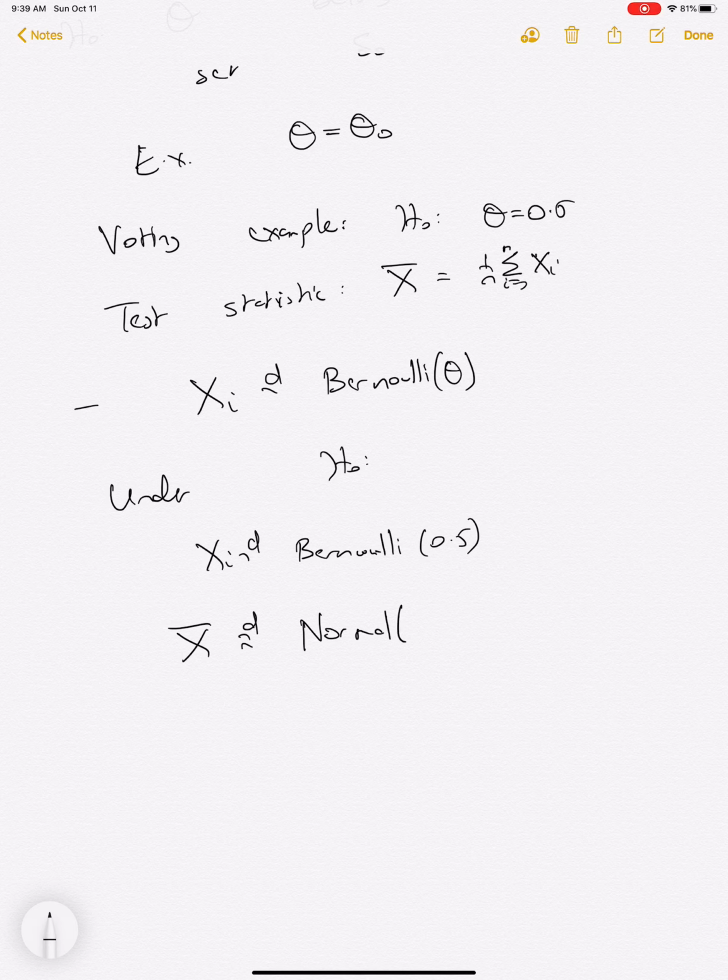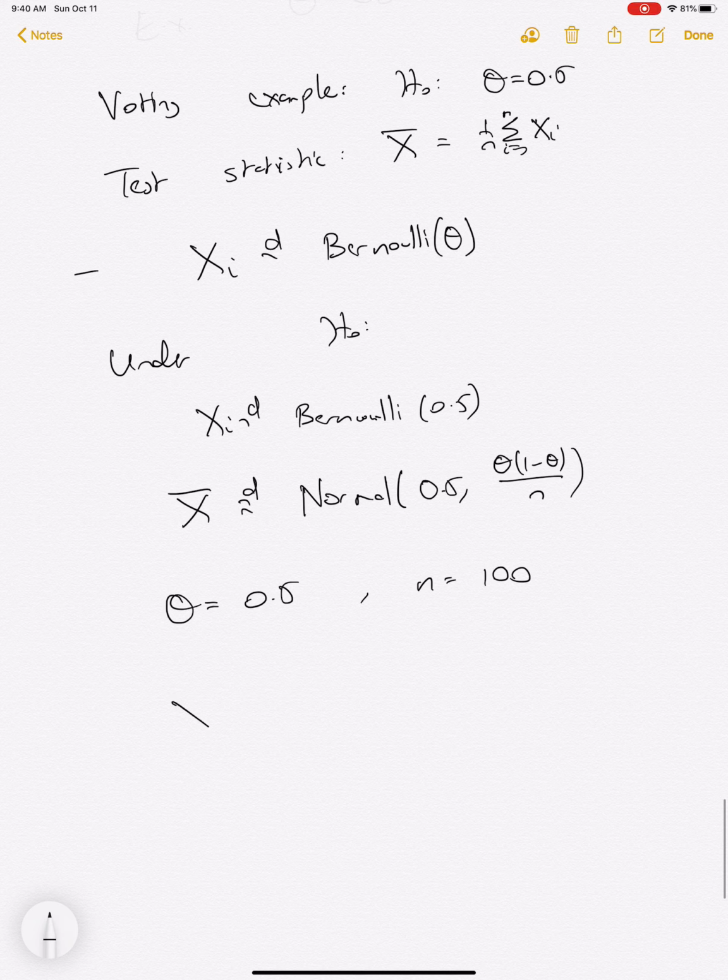And then the mean, as we know, is theta, or 0.5. And the variance is sigma squared over n, which is theta times 1 minus theta over n. Here we have theta equals 0.5 and n equals 100. So X bar would be approximately distributed as normal with a mean of 0.5 and a variance of 1 over 400.